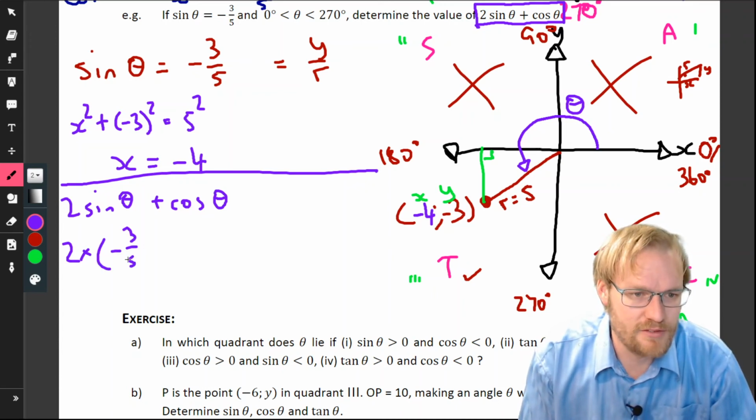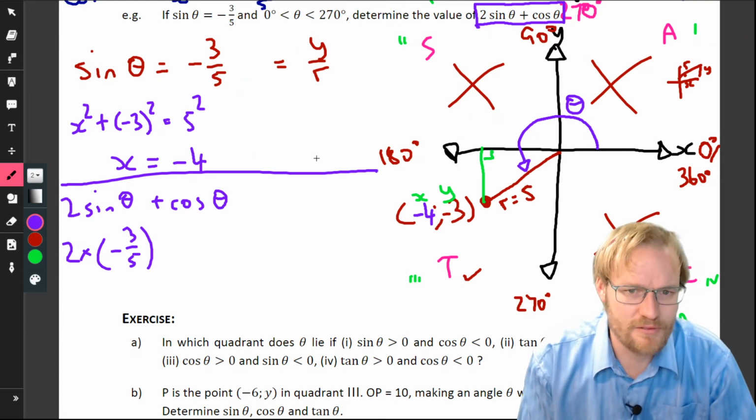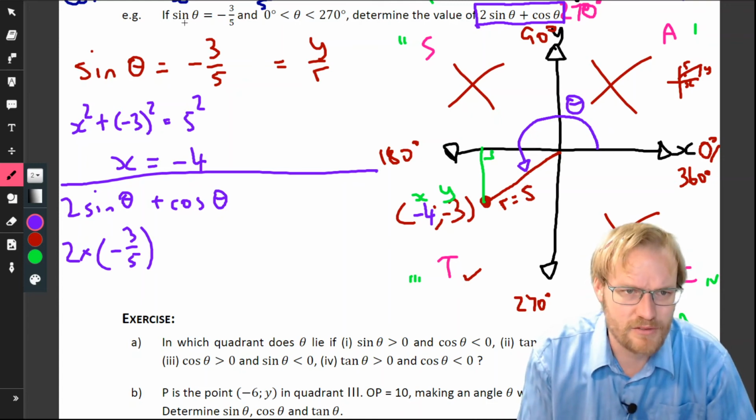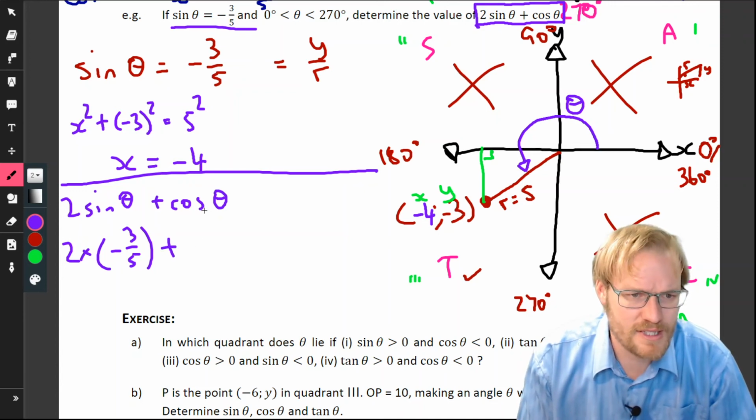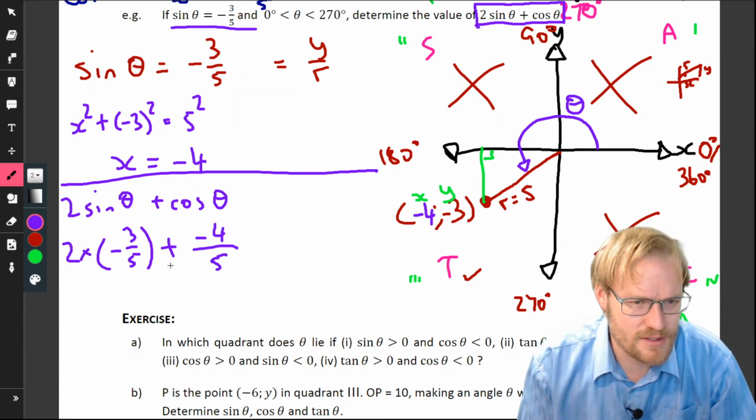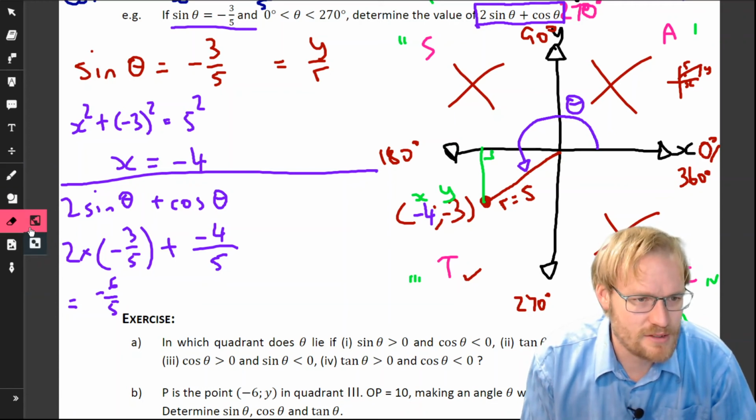Minus 3 over 5. Of course, you could think, oh, it was y over r, that's y. No, they've given to us here. Okay, plus cos theta. Cos theta is x over r. X value, you said, was minus 4. This is 5. Okay, so 2 times this is minus 6 over 5 plus, well, the plus and the minus become a minus.